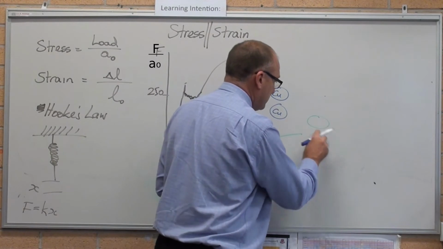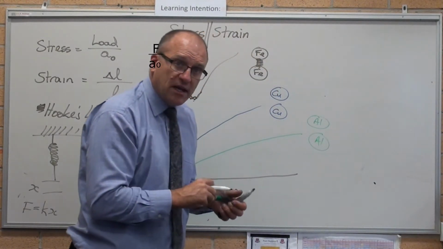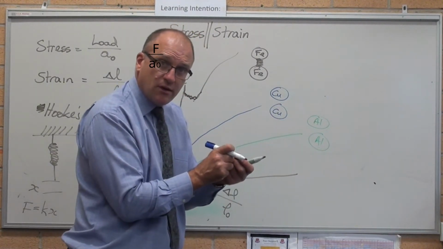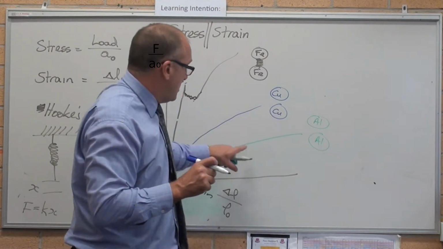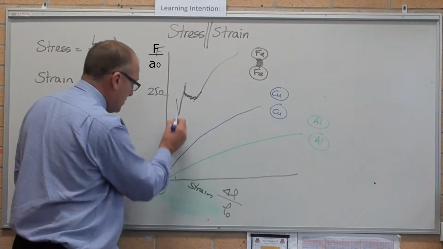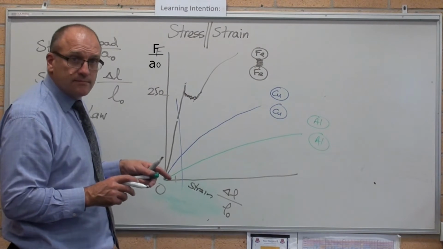Aluminium, that interatomic attraction, I'll say interatomic, not chemical, that interatomic restoring force is different. So the further apart you move an aluminium atom, you need less force to move aluminium than you do copper, a set amount. You need less force on copper than you do on steel.